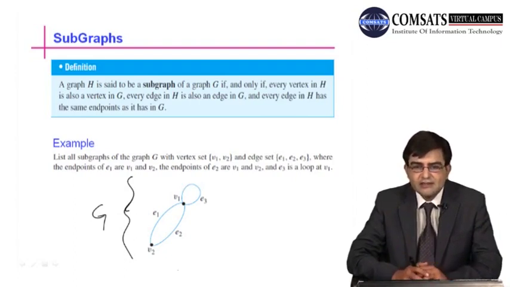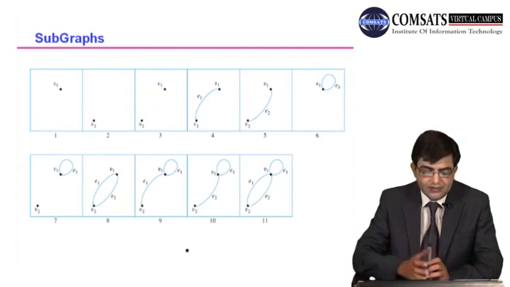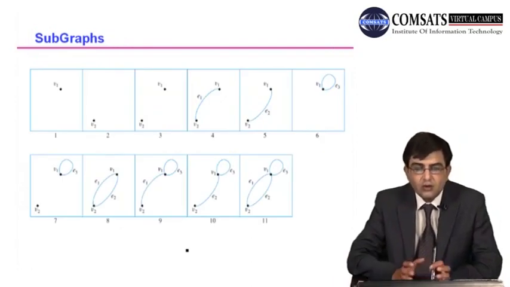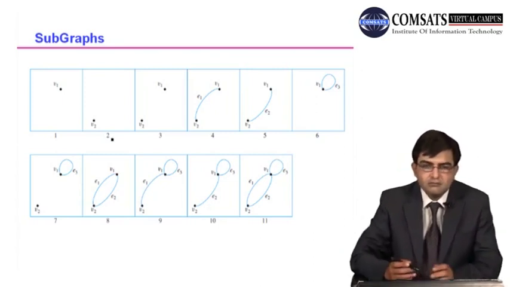The concept is the same as the subsets of a set, as we discussed in set theory. These are all possible subgraphs of the given graph. The first subgraph could be vertex V1.